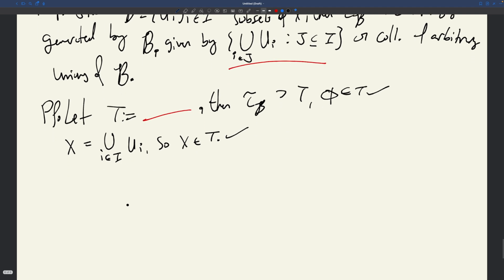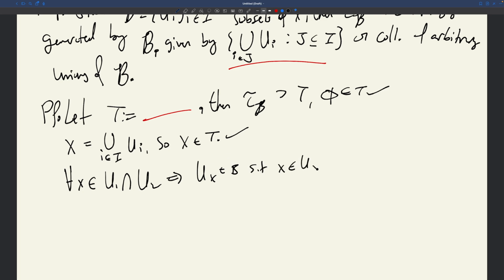Then we just have to prove intersections: for all x in U1 intersection U2, there exists U_x within B such that x is in U_x, which is a subset of U1 intersection U2.